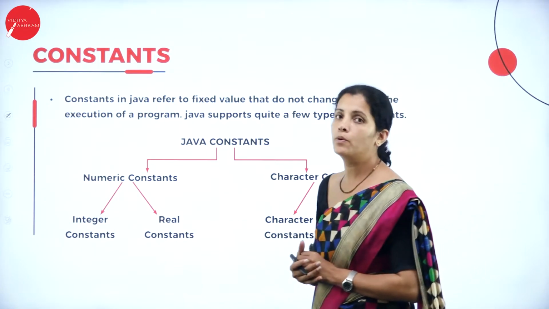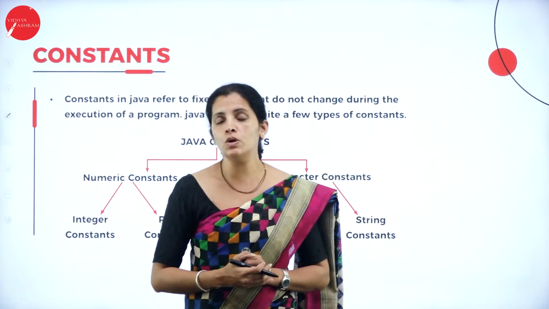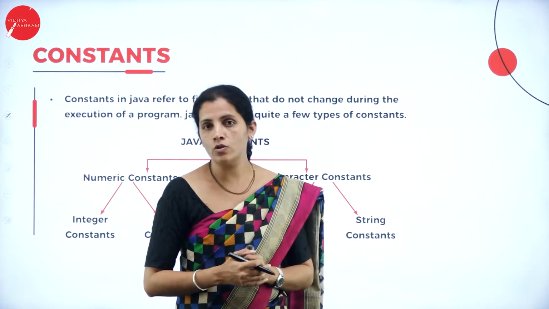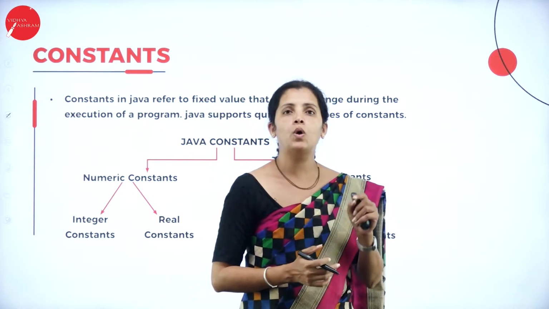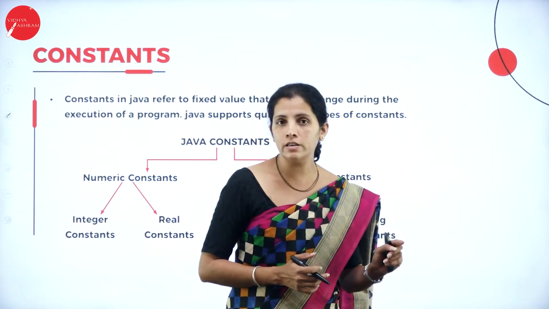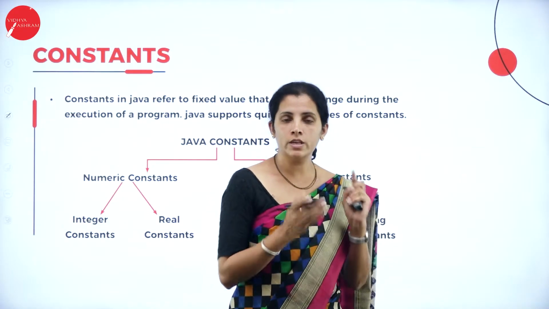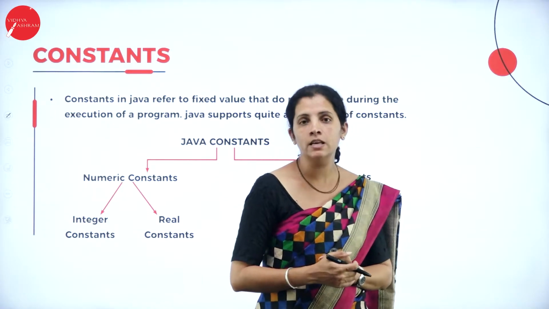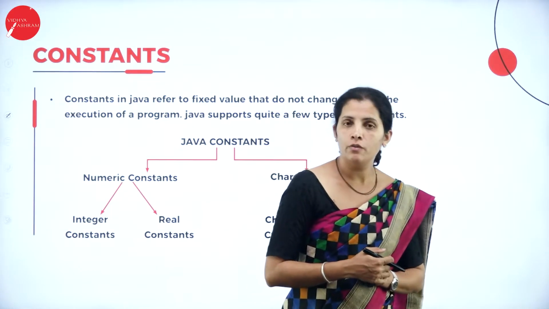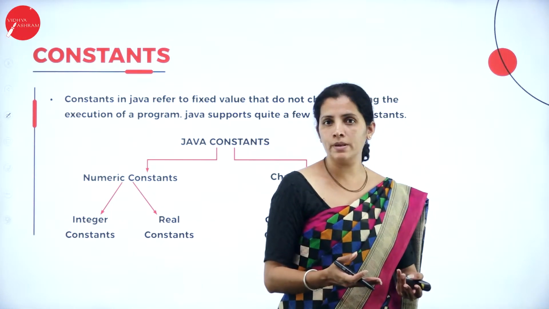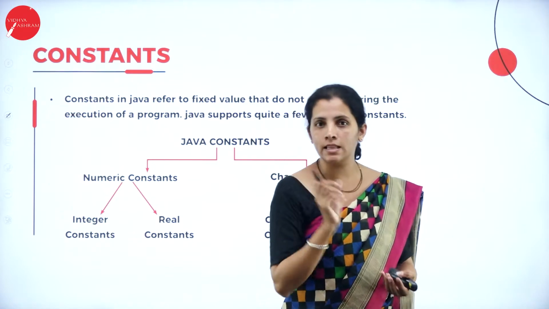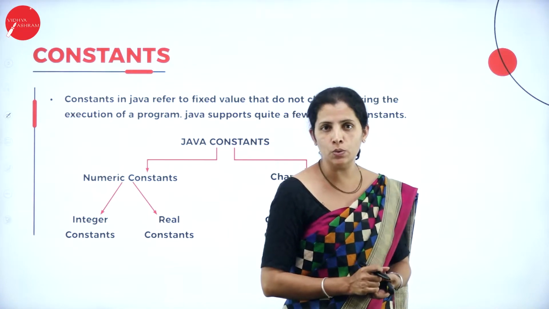That means the programmer can define the constant value. What is the meaning of the word constant? Here constant means it's fixed value. For example, I have 10 rupees. Here 10 rupees is nothing but the fixed value.